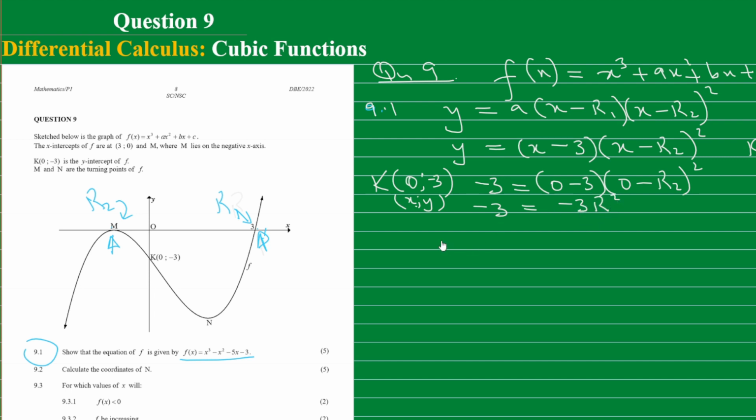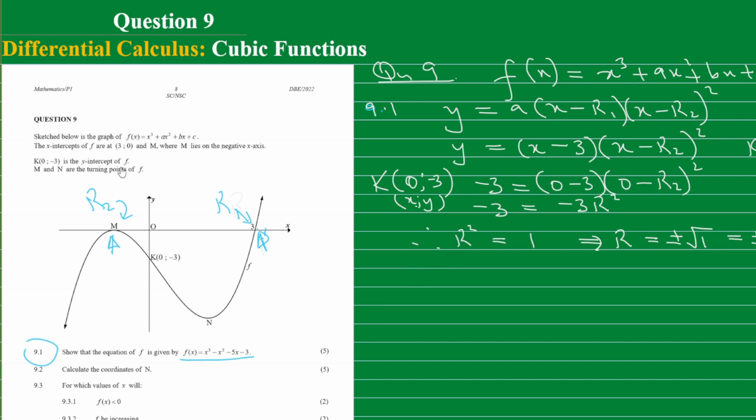Divided by negative 3, we get r squared is equal to 1. To get r, we find the square root of 1. It can be positive or negative, so r is positive or negative 1.